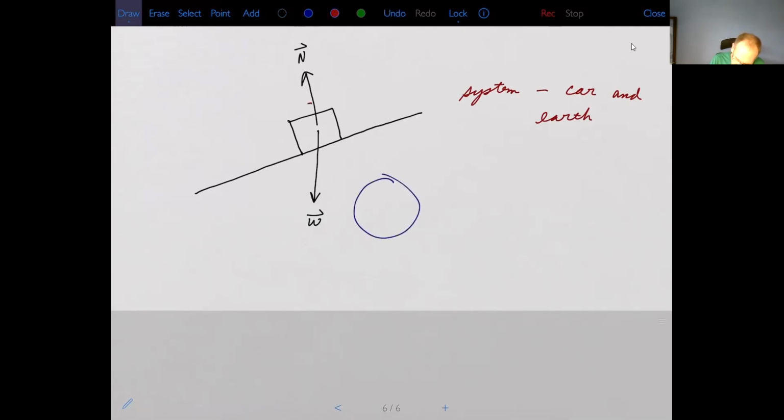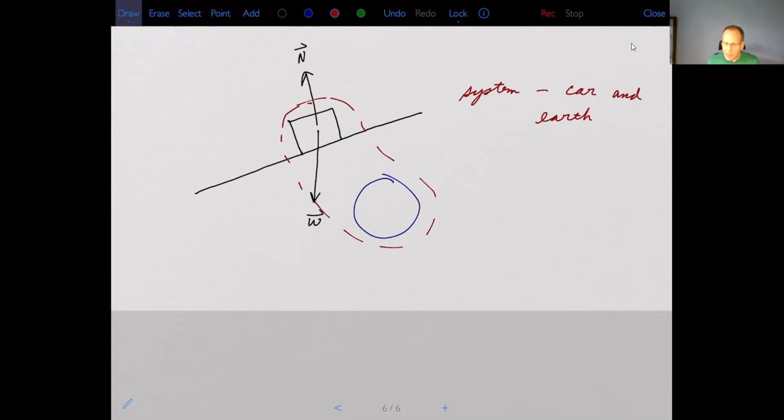The system is going to be the car and the entire earth. Now, this is a subtle point, but what this does is it allows me, instead of looking at the work done by the weight, the gravitational force, to consider that as a change in potential energy instead.